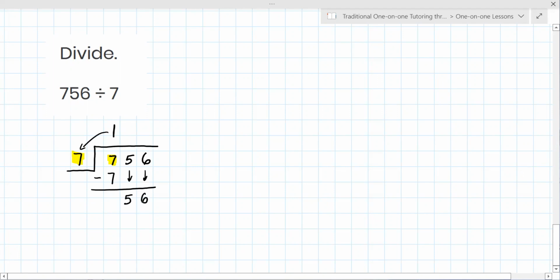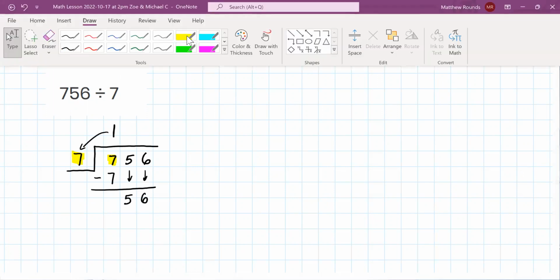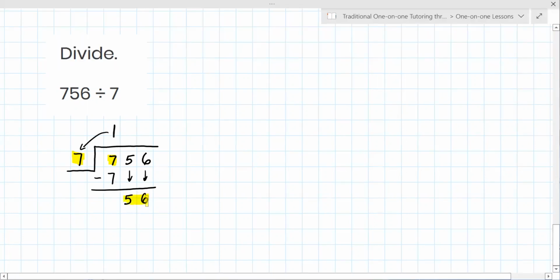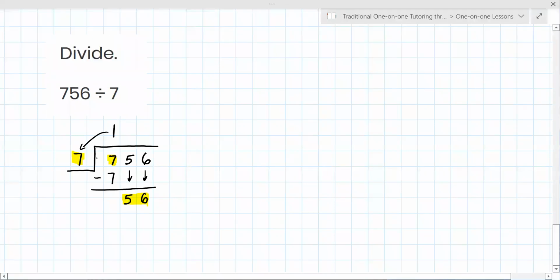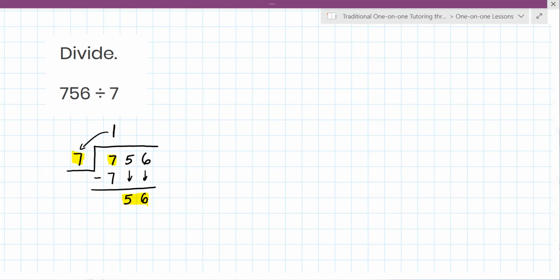So now you ask yourself, how many times does 7 go into 56? And this is where you have to have that multiplication table or know that really well. Do you have a multiplication table out with you today? No. Is that something you can grab? Can you grab one for me and come back?